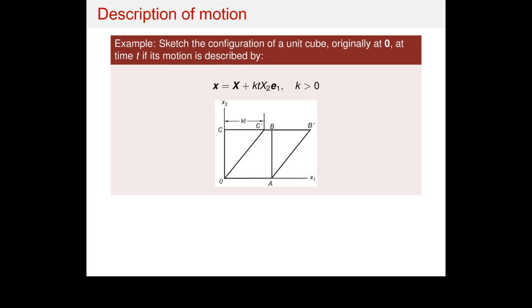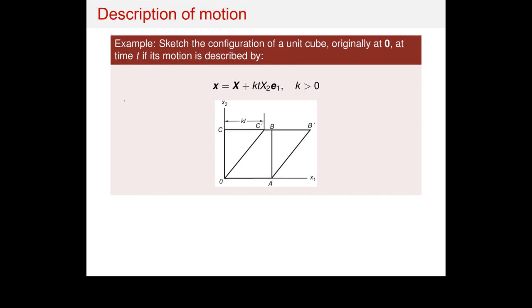Okay, I'll take this formula. All right. So we have a situation where x small, and this is a vector, is equal to x capital added to this value here, k, some constant, multiplied with t, that is time, multiplied with x2, multiplied with e1. Now, I'm just going to expand the components of these vectors so that you can see them. All right?